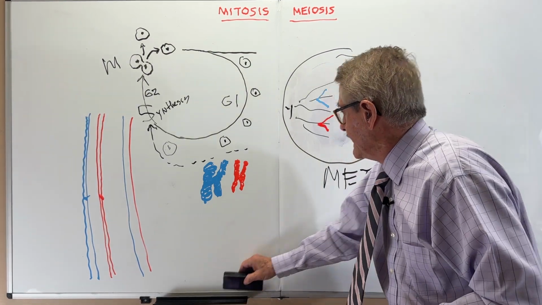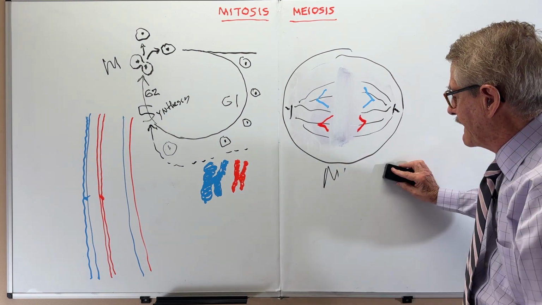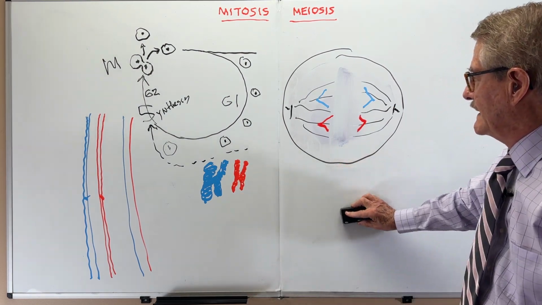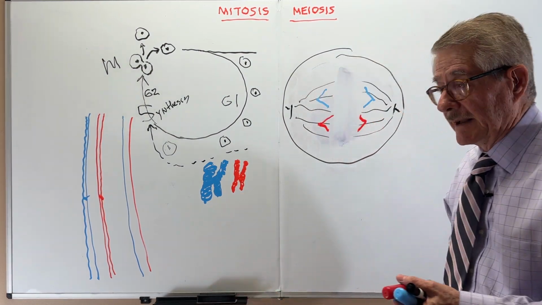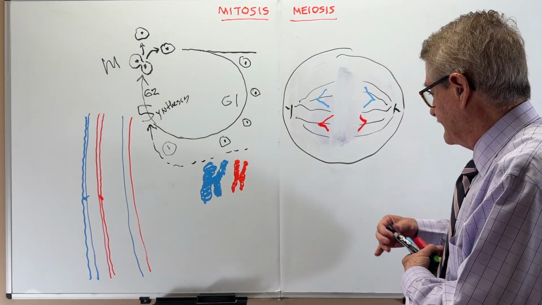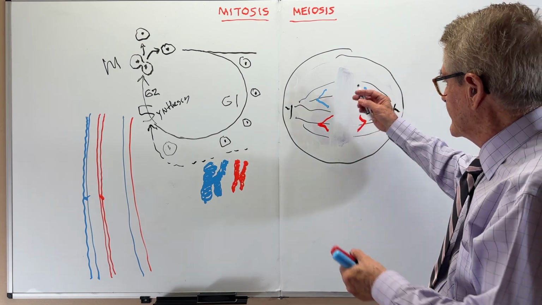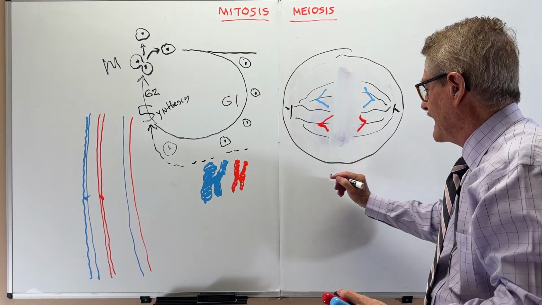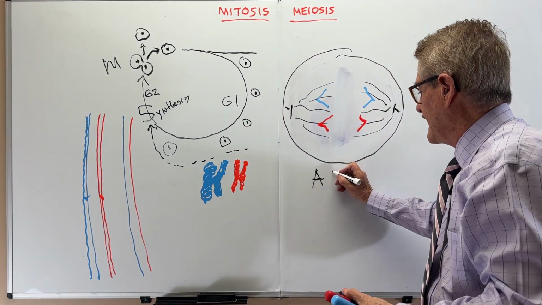Now, when they appear to start to separate, we don't call it metaphase, but anaphase. So when the chromatids separate, we have the anaphase.